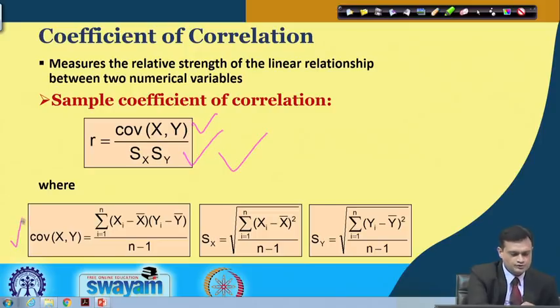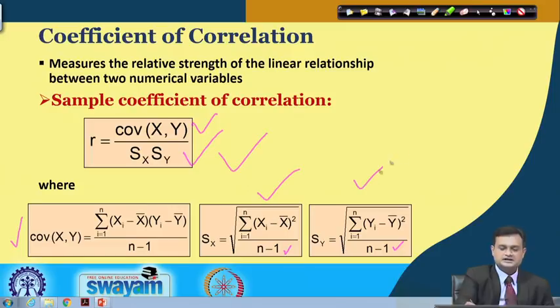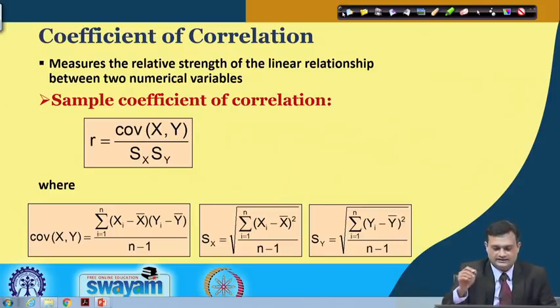So, you can compute the covariance using the formula we have seen. For Sx, because I apply the central limit theorem, I will divide by n minus 1, and you can just plug in the values in this equation, and this will give you the value of R.